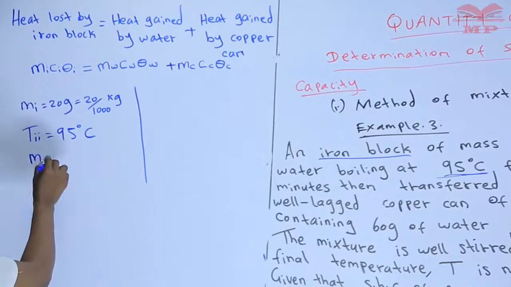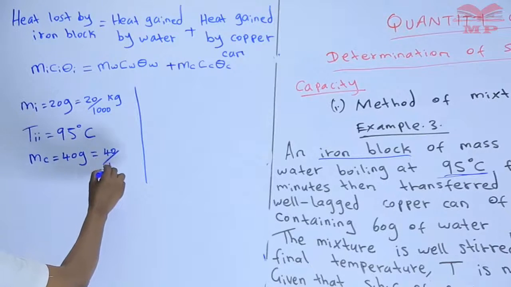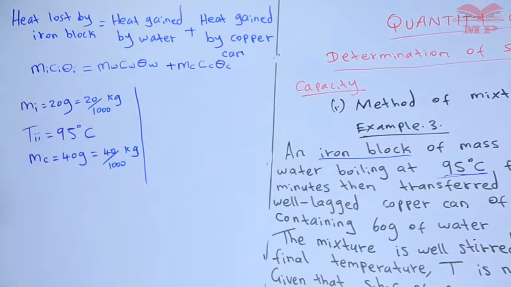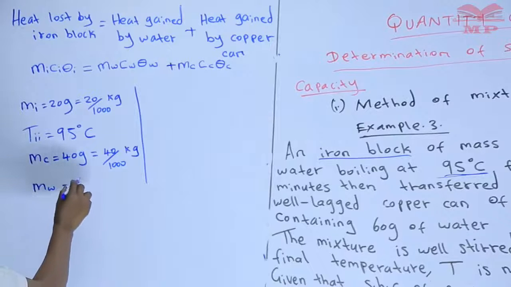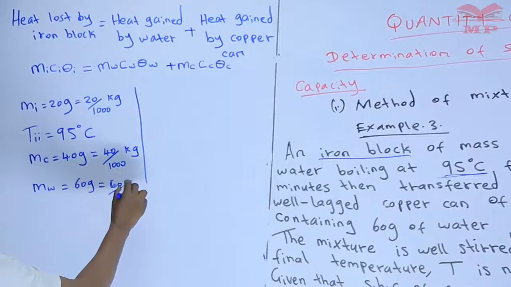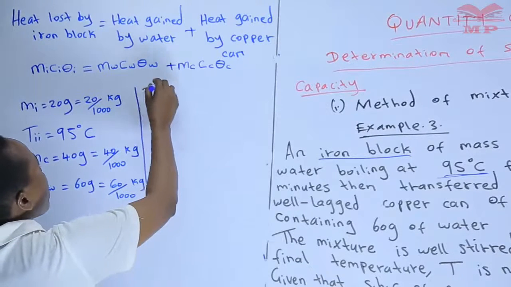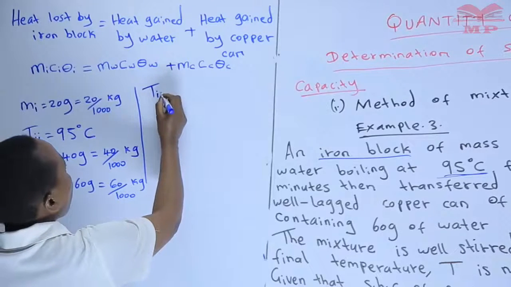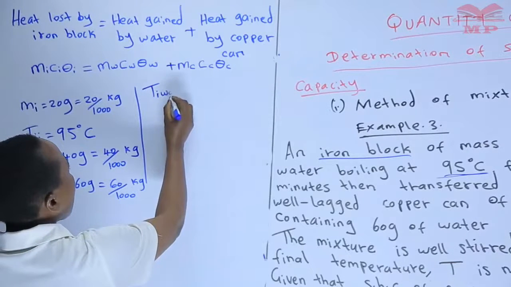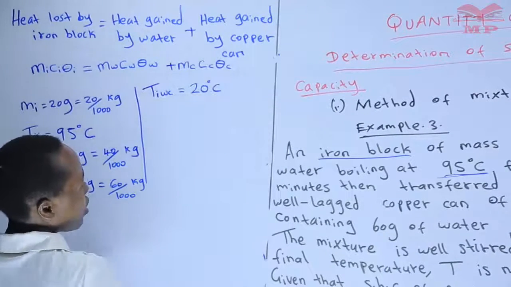So the mass of the can is 40 grams, which is the same as 40 over 1,000 kilograms, containing 60 grams of water. So the mass of water is 60 grams or 60 over 1,000 kilograms of water at 20 degrees Celsius. So the initial temperature of the water and also the can is 20 degrees Celsius.